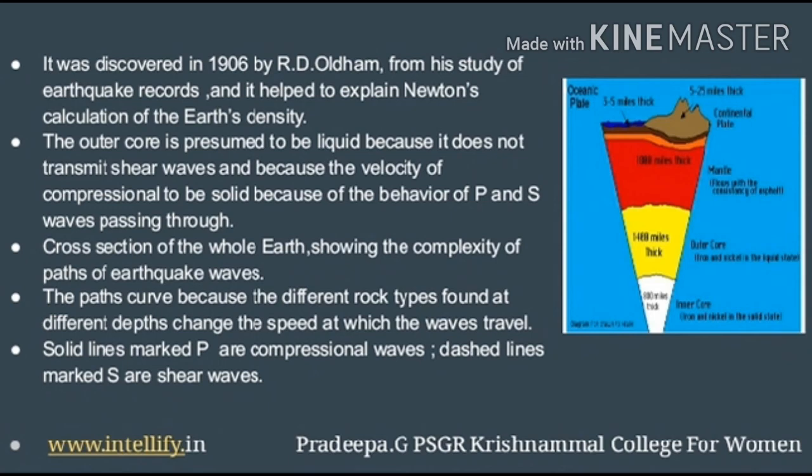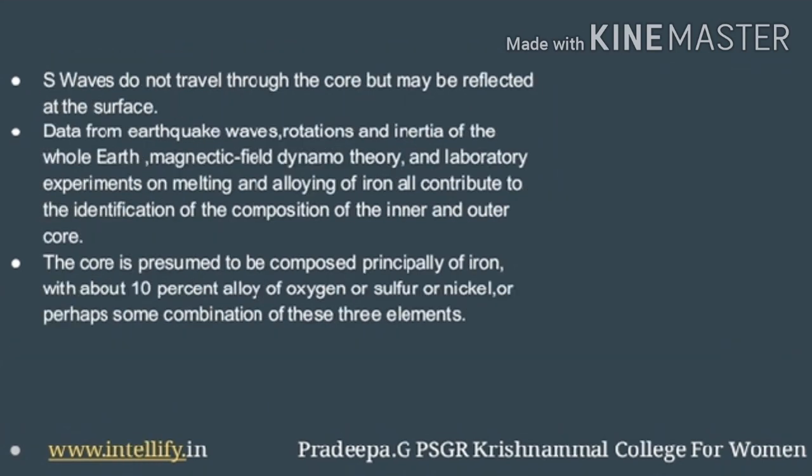The paths curve because the different rock types found at different depths change the speed at which the waves travel. Solid lines marked P are compressional waves, dashed lines marked S are shear waves. Slide 10. The S wave does not travel through the core but may be reflected at the surface.